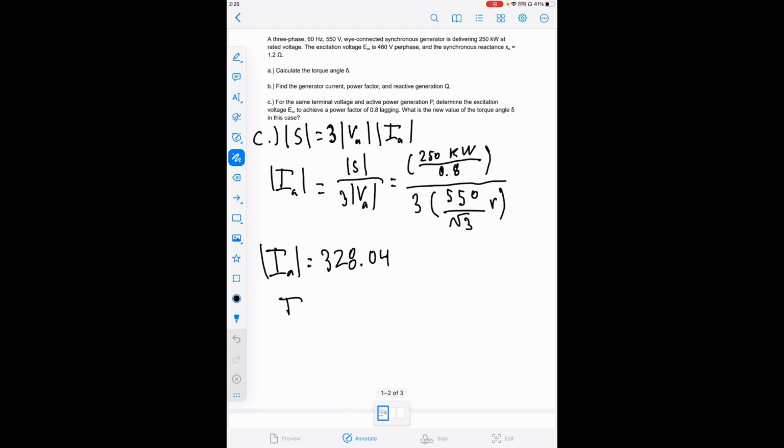And then our power factor is going to be 0.8 lagging. So inverse cosine of 0.8 will get us the angle for our current. So the current will be 328.04, angle negative because it's lagging, 36.87 degrees. And again, the 36.87 came from inverse cosine of 0.8.